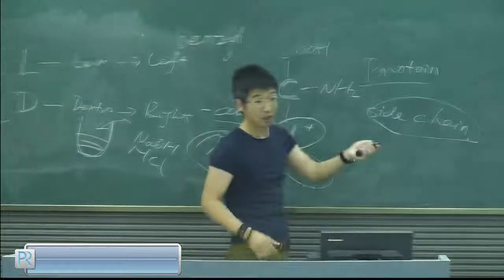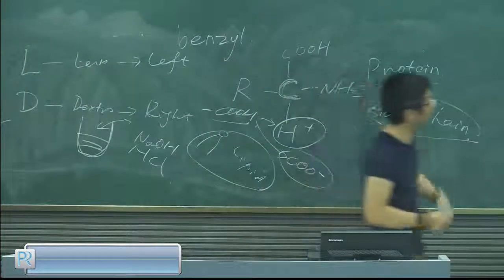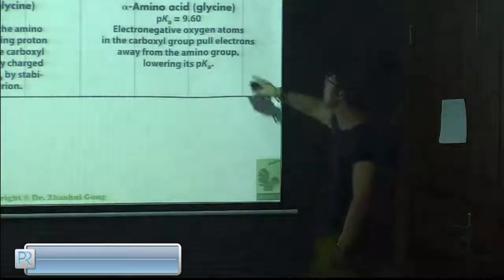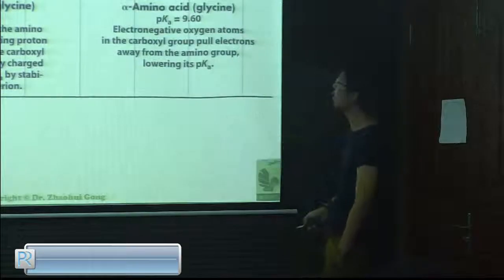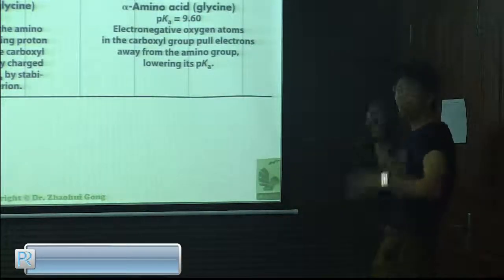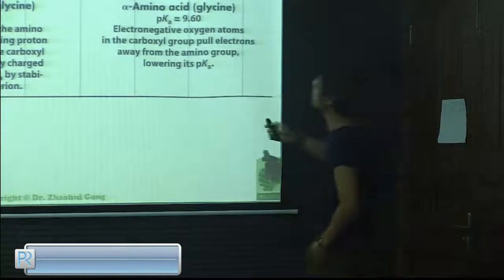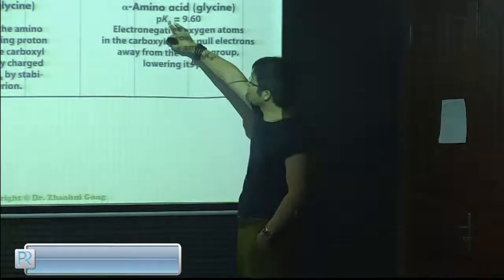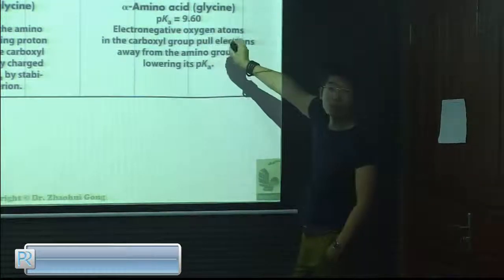But in the opposite phase, you can see another group, the amino group, right? The electronegative oxygen atoms of the carboxyl group pull electrons away from the amino group, lowering the pK value. So here is a basic pH value, pKa equal to 9.6.